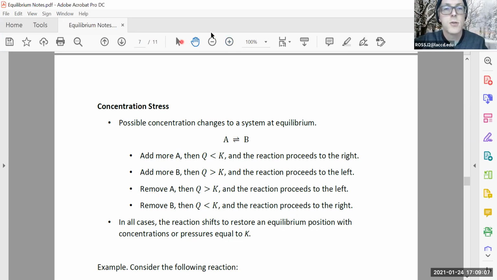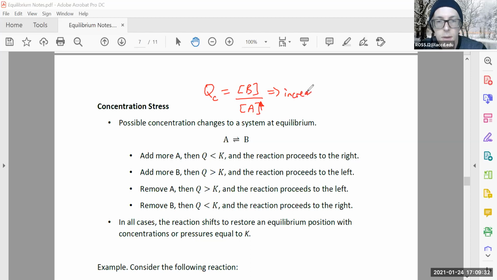Let's remind ourselves what Q looks like: it would be B over A. If I add more A, then the concentration of A increases, so we increase the denominator, which means that the actual quotient Q decreases.